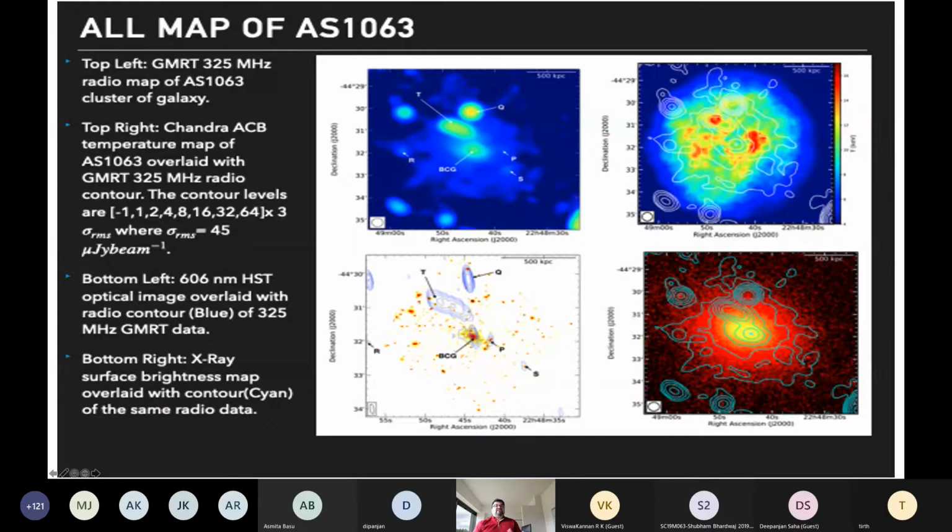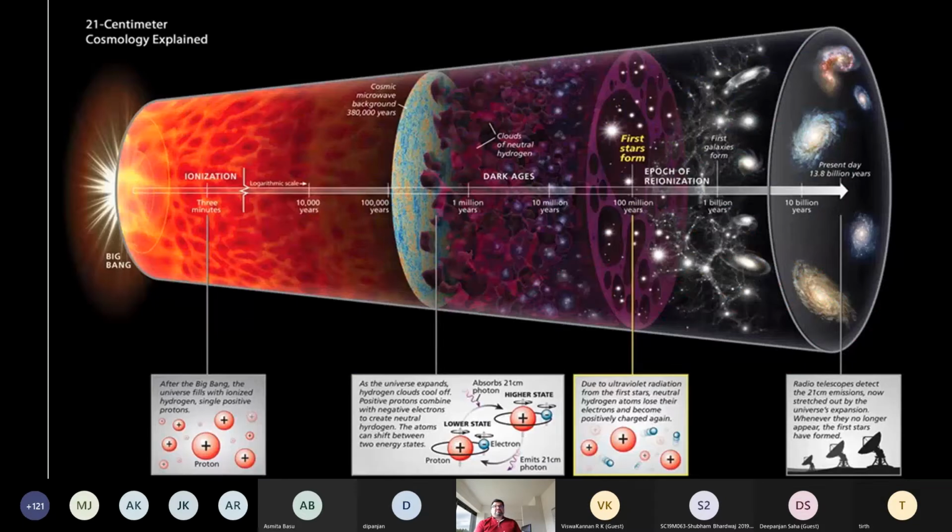So you understand what is going on in these clusters, because clusters are the largest massive bound objects you can find in the universe, and the merger of two clusters produces energy which has never been seen since the Big Bang. So it's a very important object to study. Again, to make the understanding clear, you have to observe in different wavelength bands.